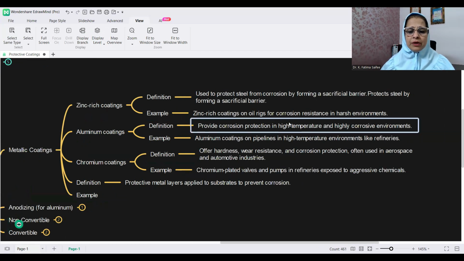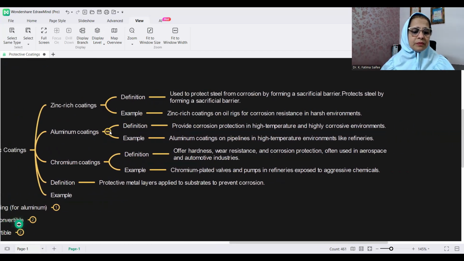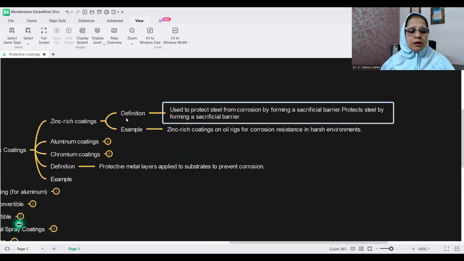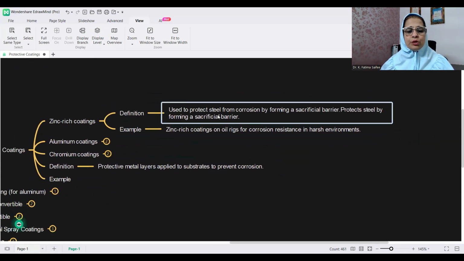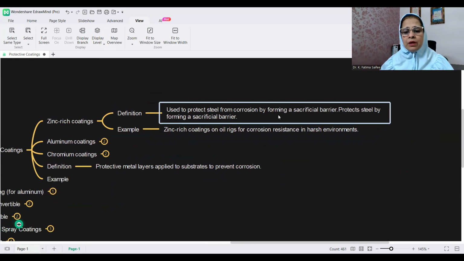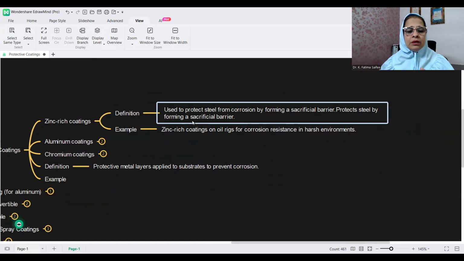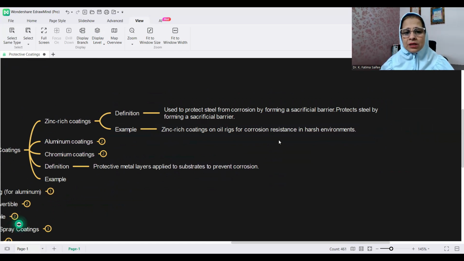So here we will see some definitions. Zinc-rich coating is used to protect steel from corrosion by forming a sacrificial barrier. Now, this is how we are trying to understand, again and again, the same type of term coming in two to three different ways.